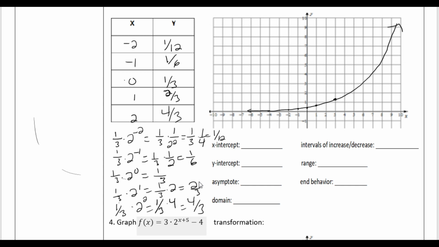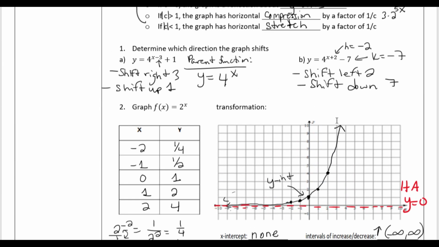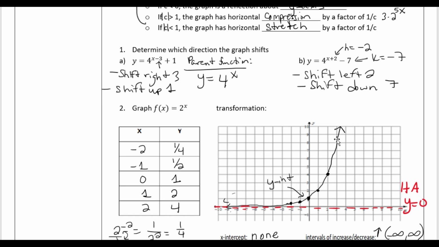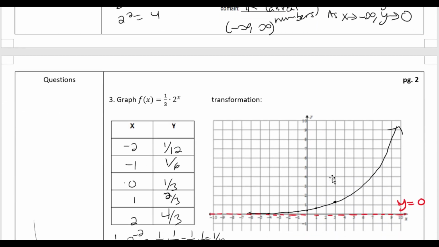All right, so it's trying to approach the x-axis, which in this case is our horizontal asymptote. Okay, so our horizontal asymptote is y equal to 0. And it's growing slowly. So notice what's happening is that this graph is actually compressed, because if you compare this to the previous graph, the previous graph is going up pretty fast, whereas this one is not going up as fast.